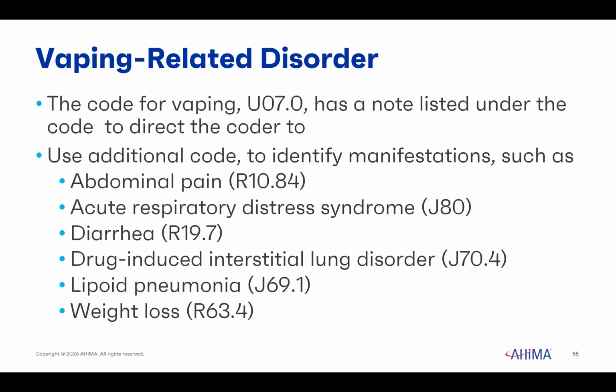Then again, we see a note listed under the code to direct the coder when you use that vaping code, vaping-related disorder, for any abdominal pain, acute respiratory distress syndrome, diarrhea, drug-induced interstitial lung disorder, lipoid pneumonia, or weight loss.